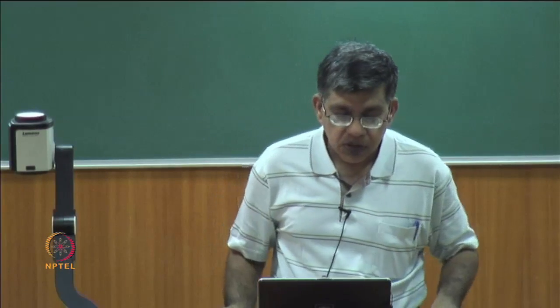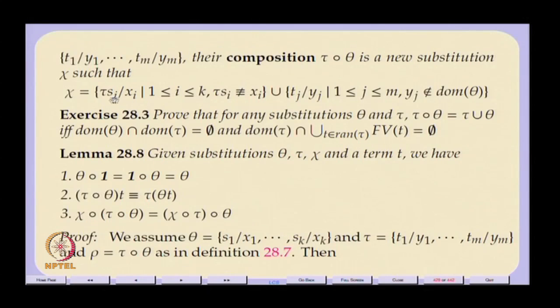So, that is equivalent to taking tau applied to each of these terms s_i and replacing x_i by tau applied to s_i. And this is for all the x_i which are in the domain of theta. For all the variables which are not in the domain of theta, you just take the appropriate substitution from tau, and this t_j for y_j is just a substitution from tau. Notice that the domains of these two substitutions are disjoint.